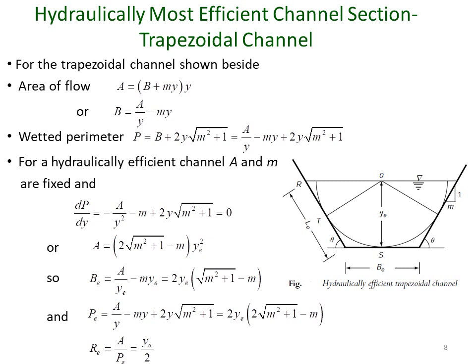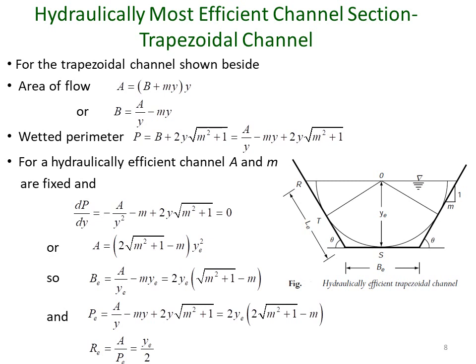So for this trapezoidal channel, when other parameters are fixed, of course the longitudinal slope and the roughness are given, the cross section is also given, and the side slope is also pre-designed, so they are fixed. Again, to obtain the hydraulically most efficient channel, we differentiate the wetted perimeter by the flow depth, that is dP by dy, which equals minus A by y squared minus m plus 2y into root under m squared plus 1, which equals 0.